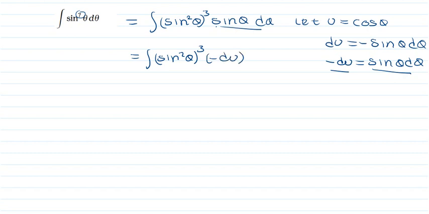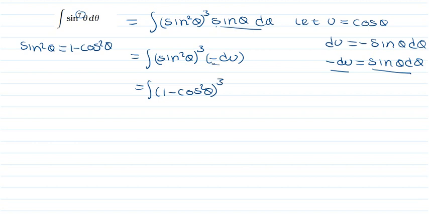Then the other thing that we can do here, since we know that sine squared theta plus cos squared theta is equal to 1, sine squared theta is 1 minus cos squared theta, I think we can replace this into our integral. So this will be equal to, where there is sine squared theta, we put 1 minus cos squared theta. Then everything raised to the power 3.